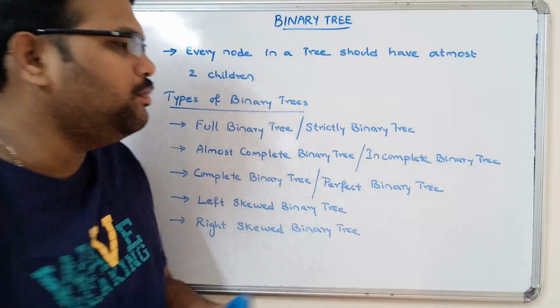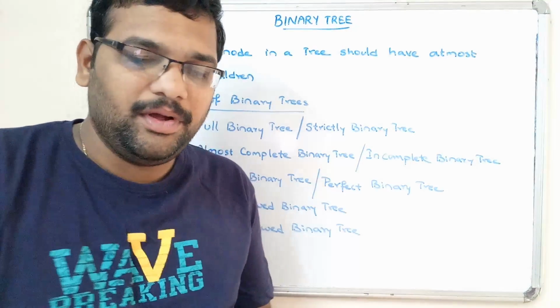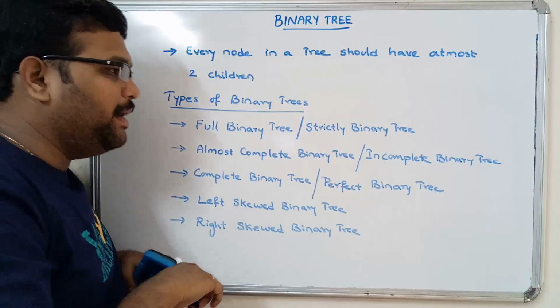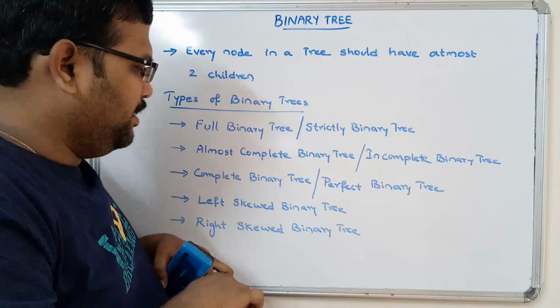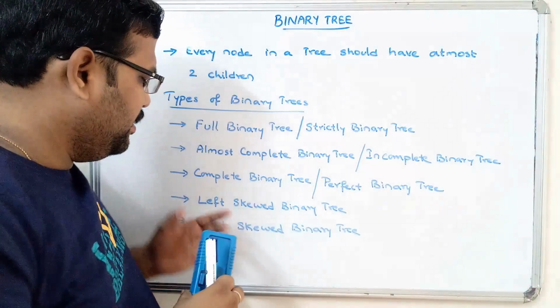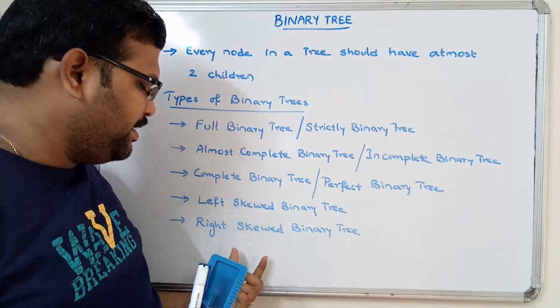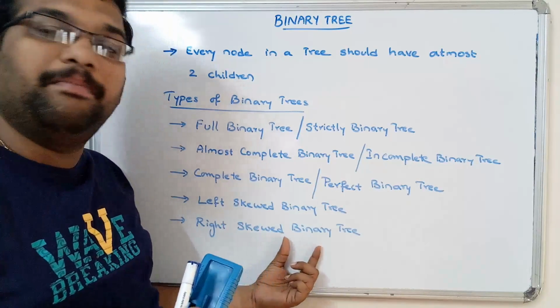So these are the few types of binary trees. So full binary tree or a strictly binary tree, almost complete binary tree or incomplete binary tree, complete binary tree or a perfect binary tree, left skewed binary tree, and a right skewed binary tree.